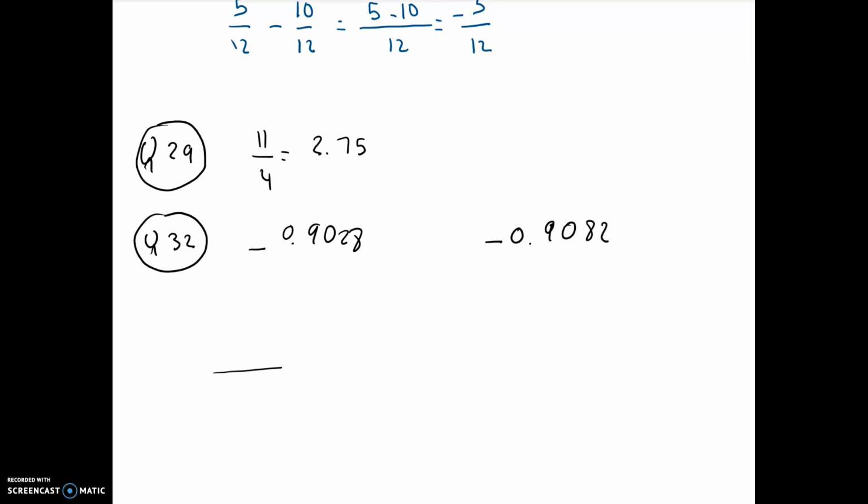Remember that on your number line, 0 is right here, negative 1 is right here, negative 2 is right here. So if you had to position these two numbers, the negative number on the left, I will have negative 0.9028 right here and negative 0.9082 right here. And so that allows me to say that the first one is greater than the second one.